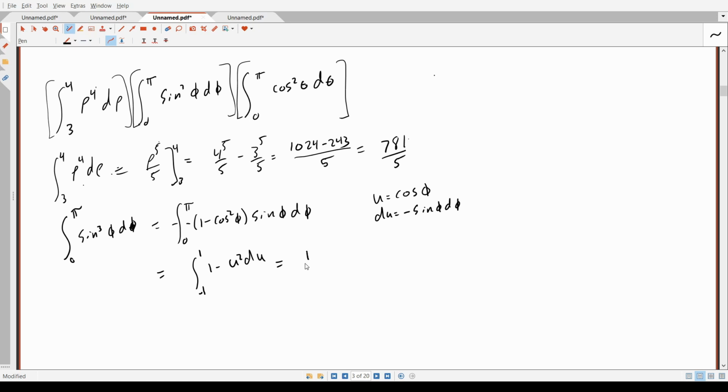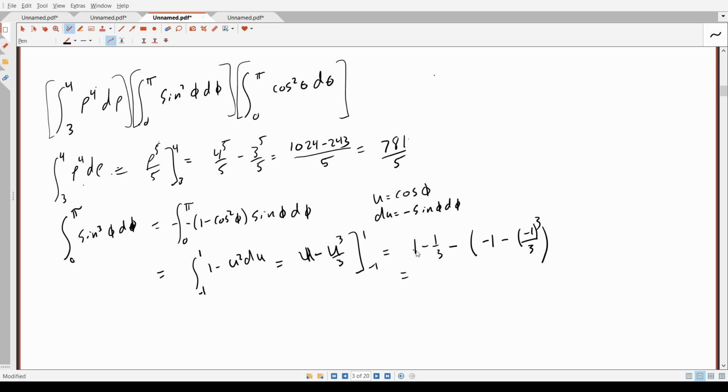And that's going to be 1 minus u cubed over 3 from negative 1 to 1. So it's going to be u, which I have 1 minus 1/3 minus negative 1 minus negative 1 cubed over 3.